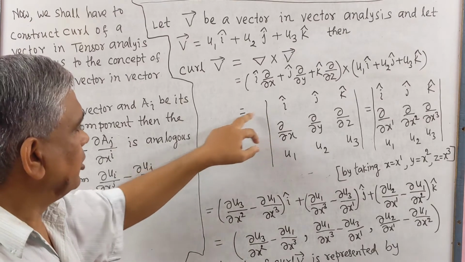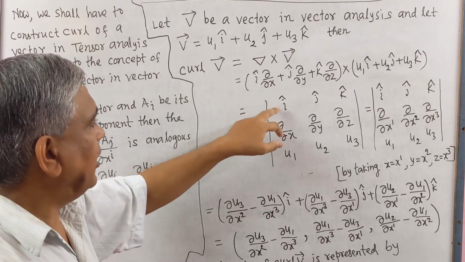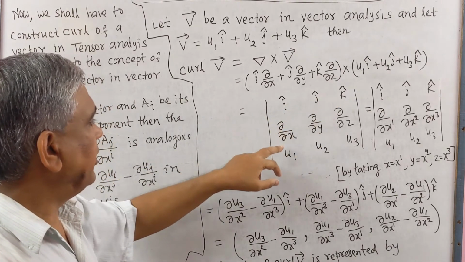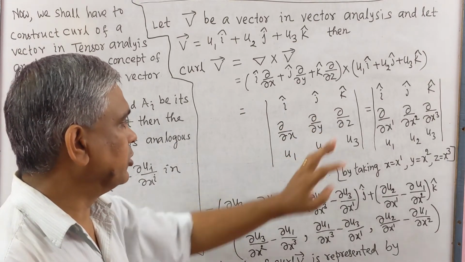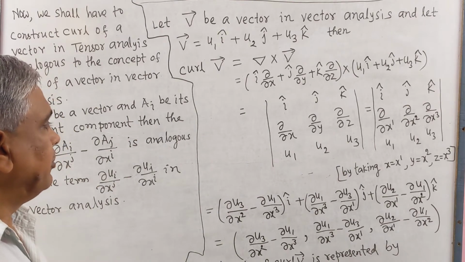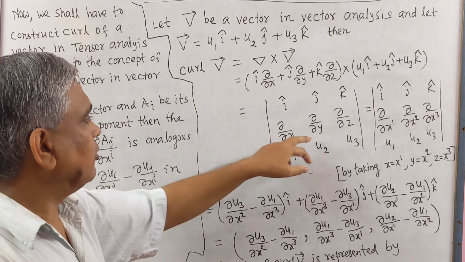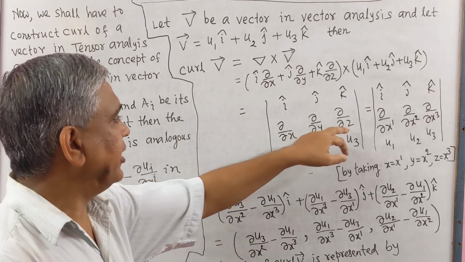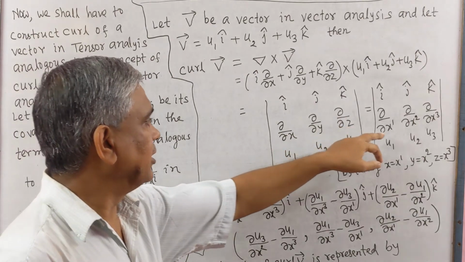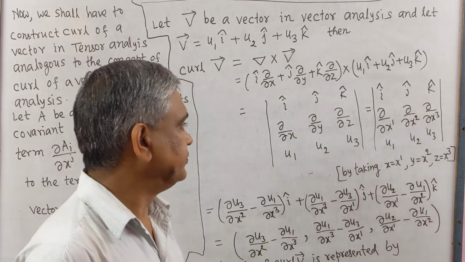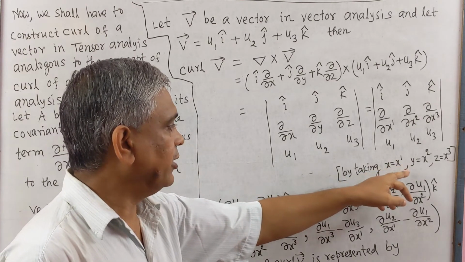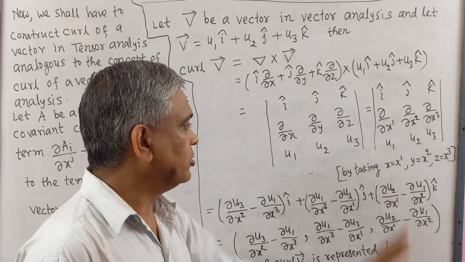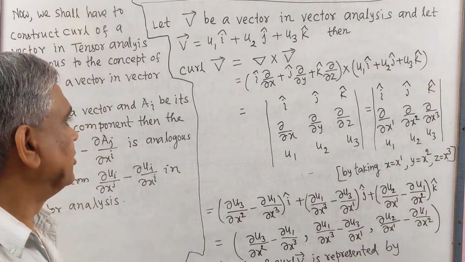Here it equals the determinant of i, j, k; del by del x, del by del y, del by del z; u1, u2, u3. Now we replace x by x1, y by x2 and z by x3 in this row, since we have written already x equal to x1, y equal to x2, z equal to x3.